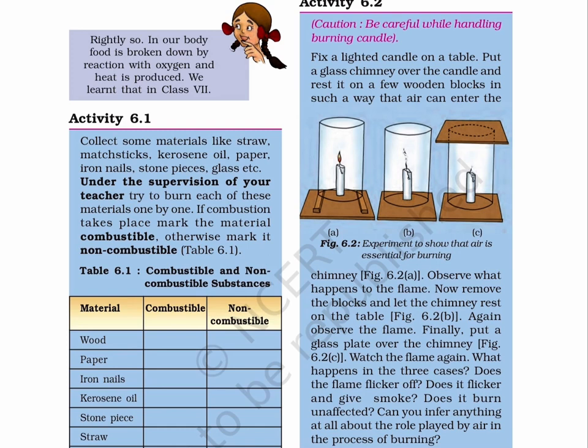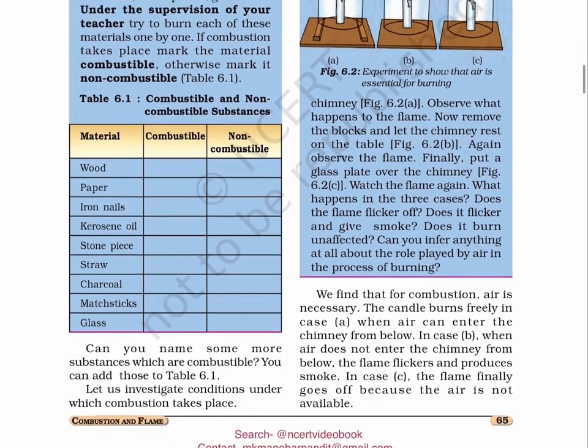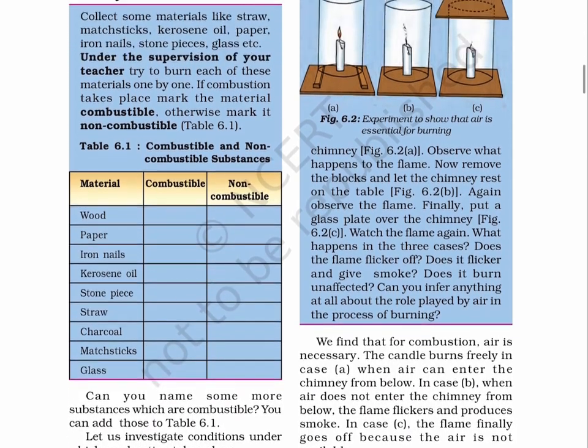Observe what happens to the flame. Now, remove the blocks and let the chimney rest on the table, as shown in Figure 6.2b. Again observe the flame. Finally, put a glass plate over the chimney, as shown in Figure 6.2c. Watch the flame again.